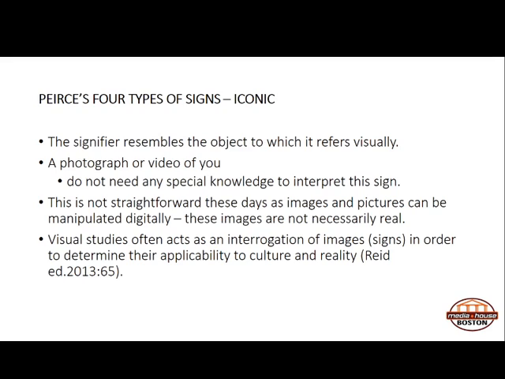If you actually have a photograph of your face on Facebook, then that is an iconic sign that represents you. It's not you. Don't forget that signs represent things, and anything that is not actually you in the flesh is a representation of you. Okay.